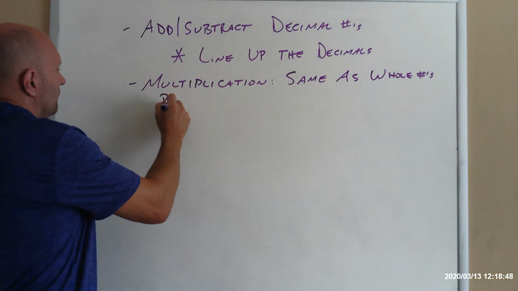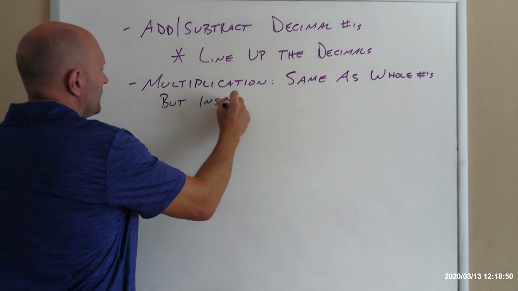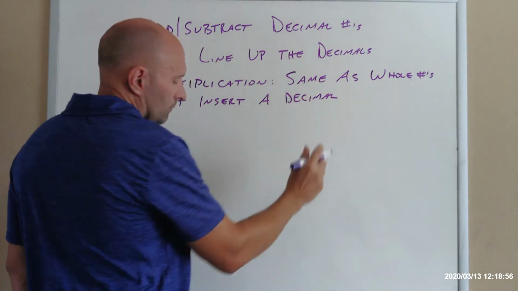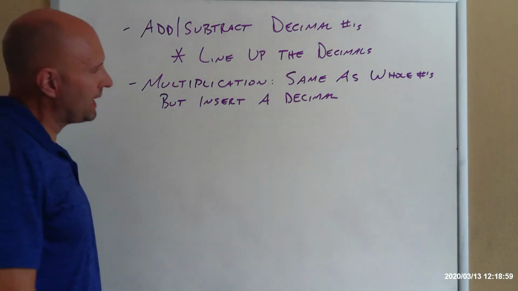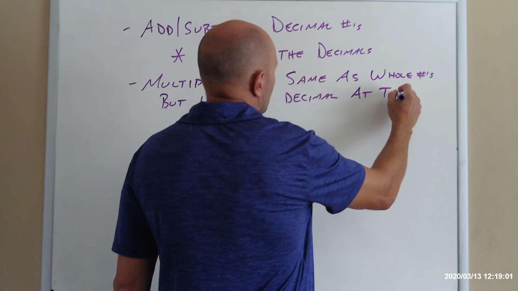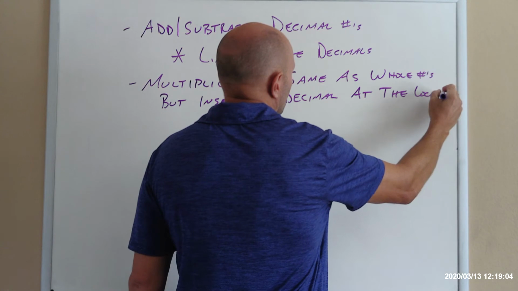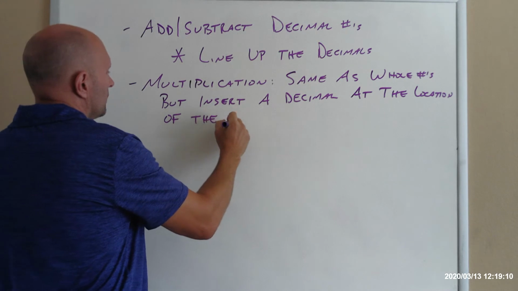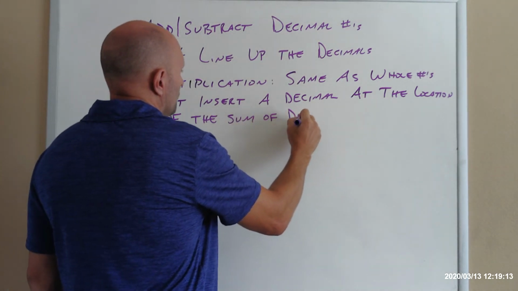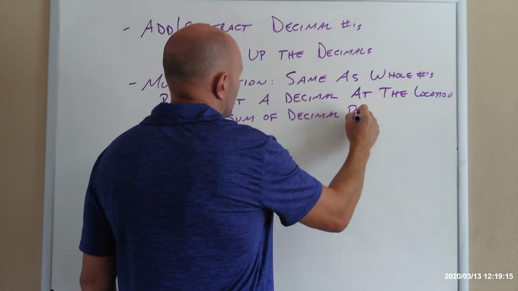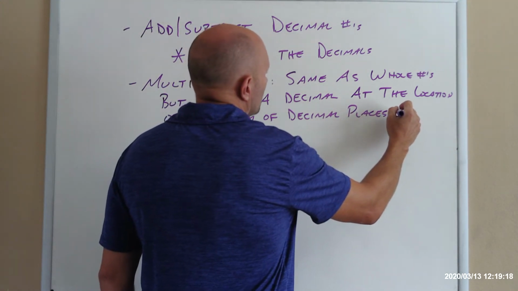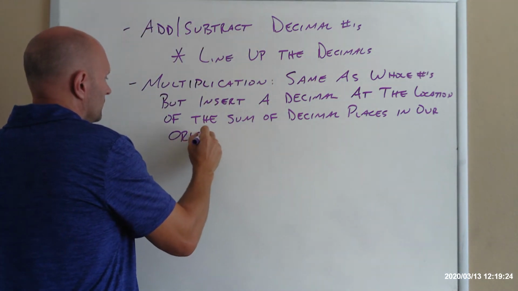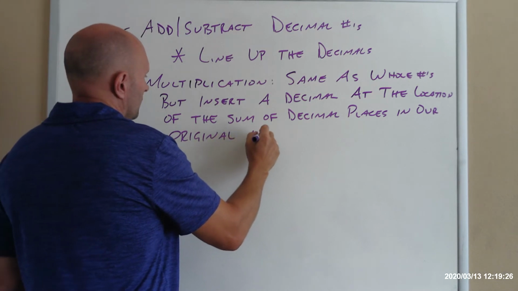But at the end, we're going to insert a decimal at the location of the sum of decimal places in our original numbers. So, give you an example how this works.